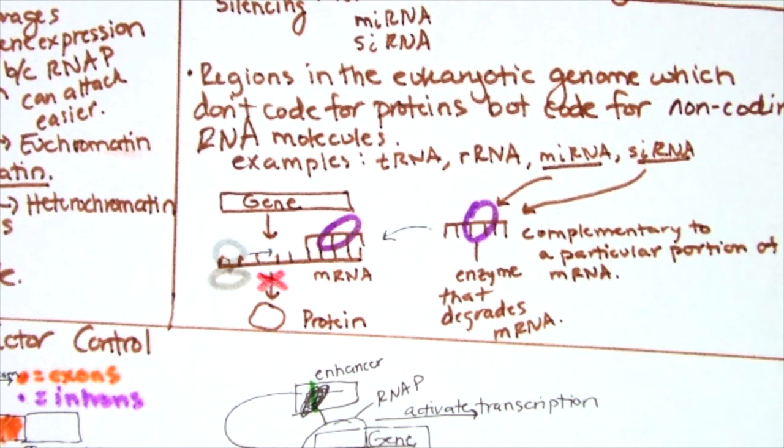This idea is that there's, in addition to transcription factors and epigenetic modifications, a eukaryote can produce microRNAs to repress or silence gene expression after transcription occurs.